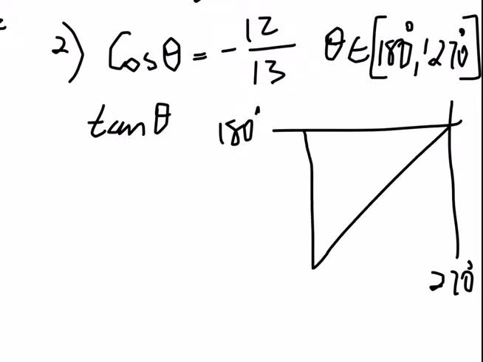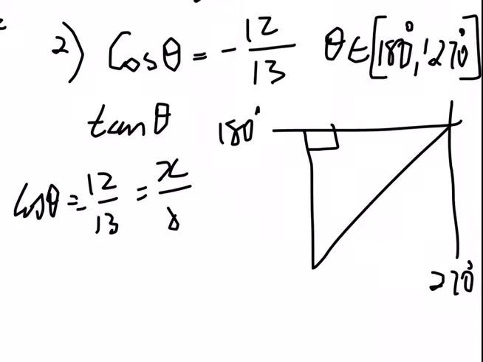In that quadrant, cos of the angle being negative 12 over 13 is x over r. So the negative belongs to x, which means x is negative 12. R is always positive, and then it is the y value that you need to look for.